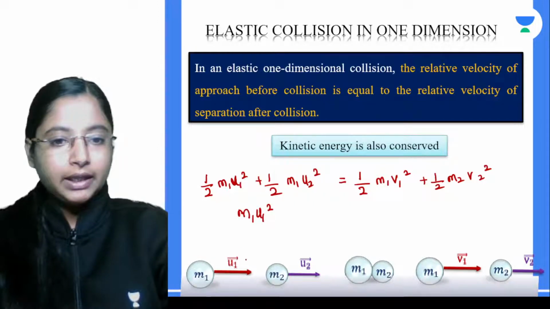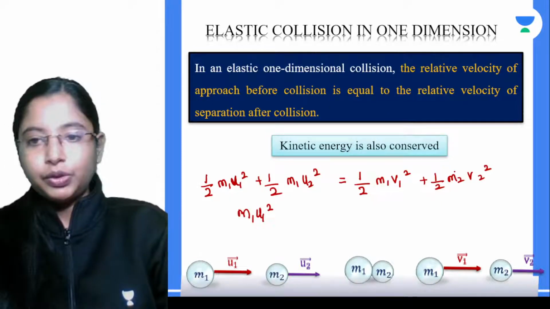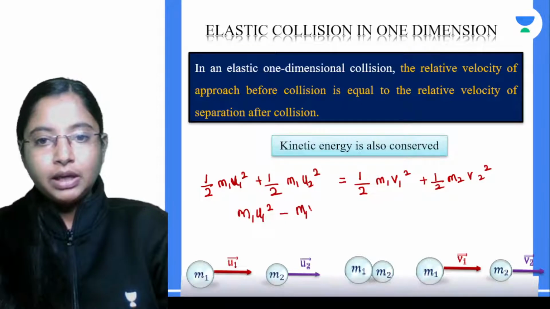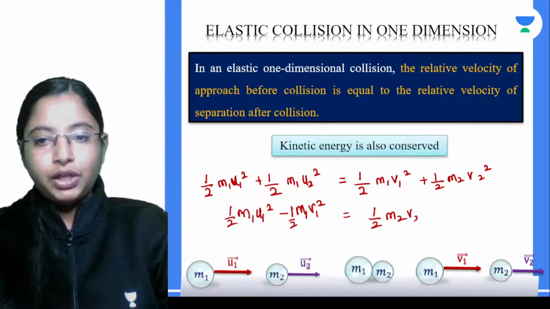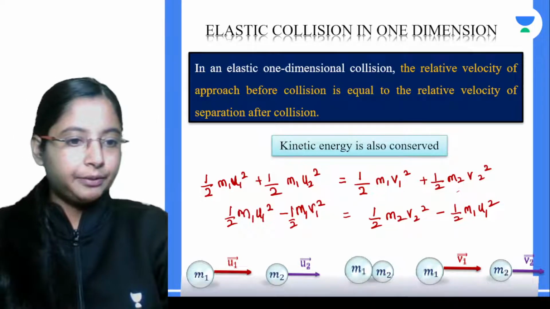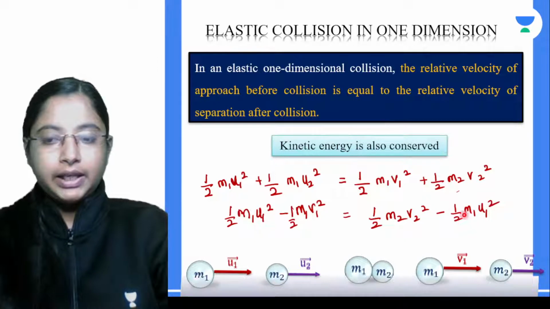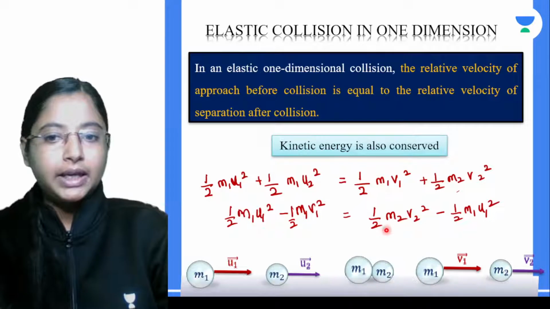Let's bring the kinetic energy associated with object A to one side, which means to the other side we bring minus m1 v1 square, which is equal to, on this side, m2 v2 square minus m2 u2 square. So we have the change in kinetic energy associated with object A on one side and the change in kinetic energy associated with object B on the other side.